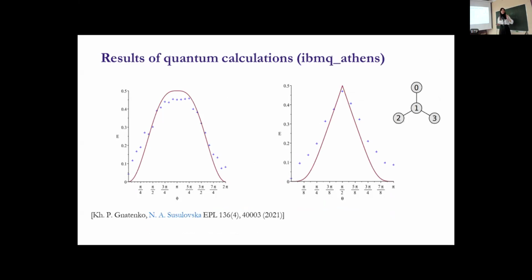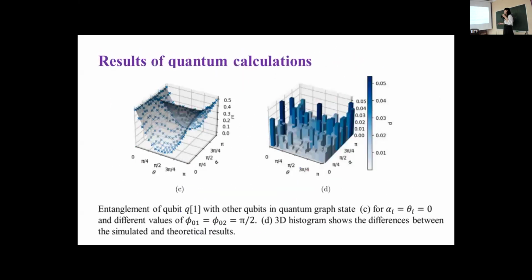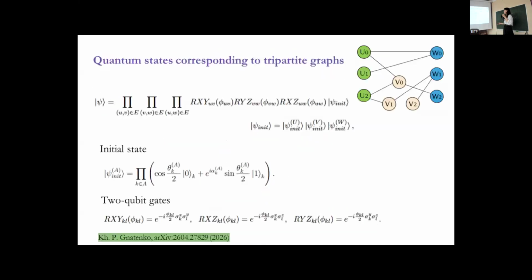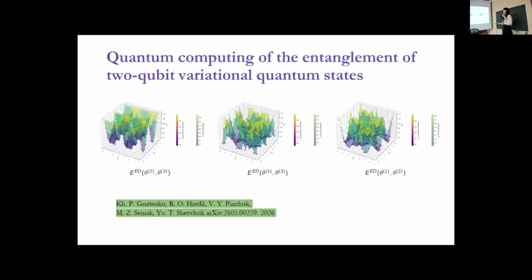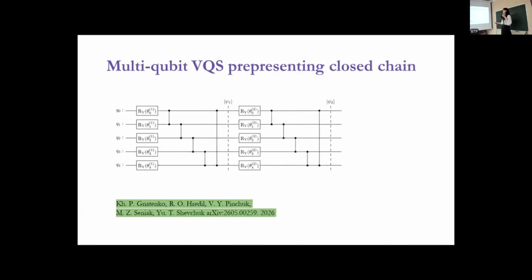I also consider quantum machine learning models. For this, I considered variational quantum states. What do I mean when I say variational quantum states? Now I hope you have a clear understanding of what we have here. These are rotational gates. These are RZZ gates.